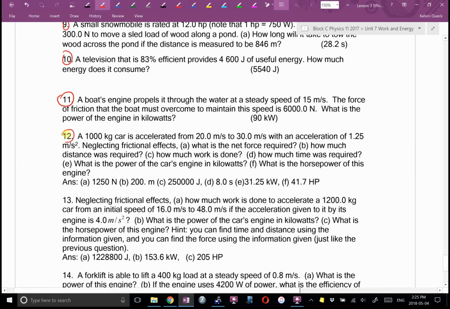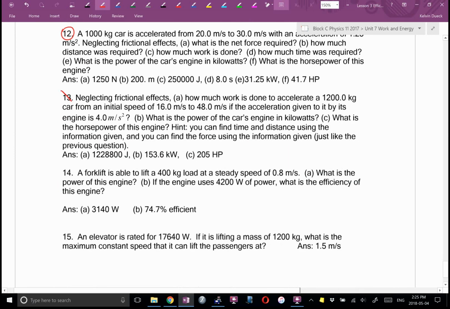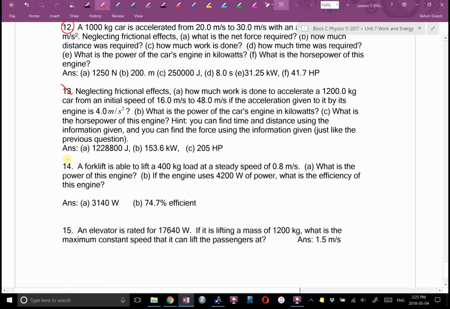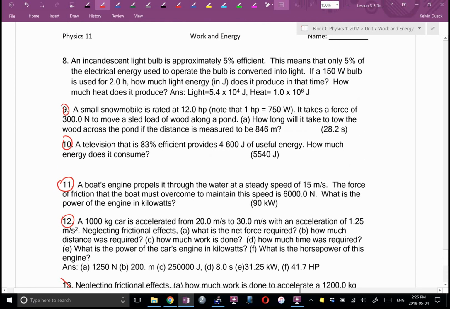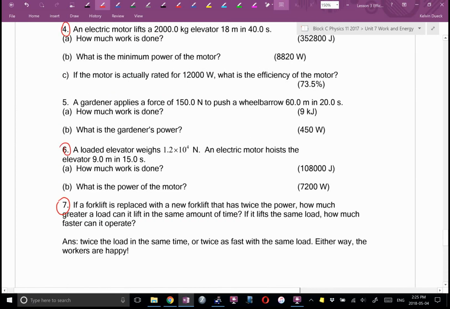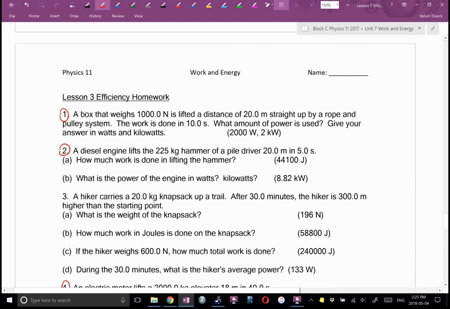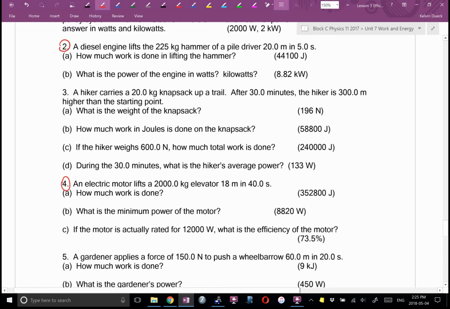I'll do 12 and I'll skip 13. 14 is good. And 15. That's a lot. Oh, it's 11 questions, and you got 15 minutes. That's not too bad.